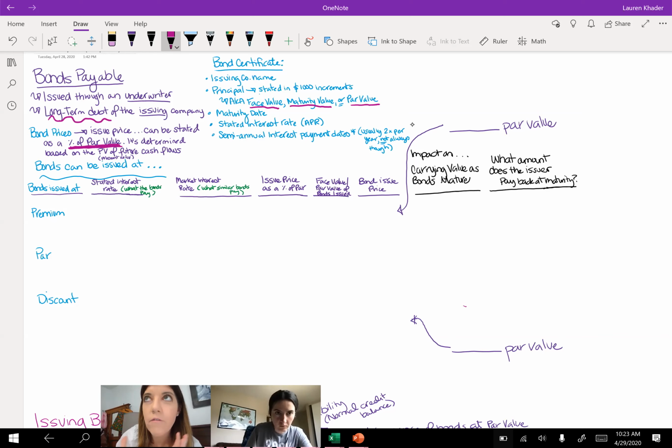So if I need $500, I can't buy bonds at $500. I have to buy in increments with a face value of $1,000. So it's going to be pretty round numbers for that face value: $1 million in bonds, $1.5 million in bonds, $1 trillion in bonds are being issued.